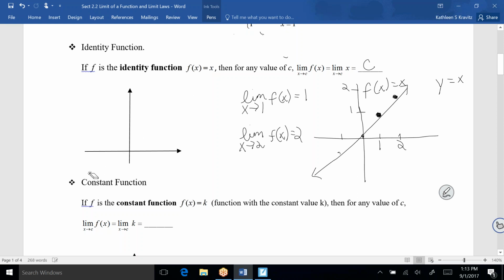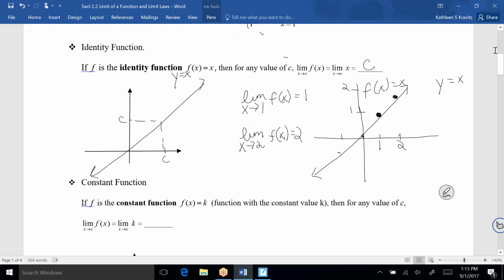So let me see if I can do that a little better. Okay. So let's say this is c right here, and the limit is going to be equal to whatever the y value is, which is going to be the same thing as c. So this is for a function, specifically the identity function y is equal to x.